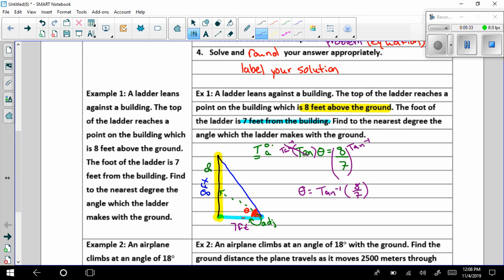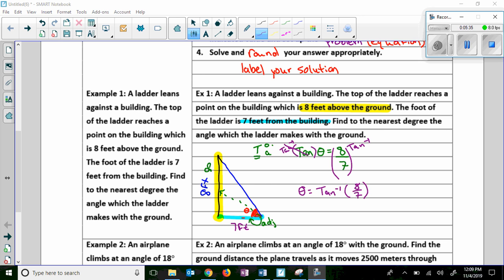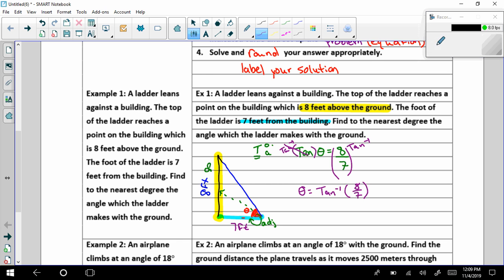Let me type that in our calculator. So I'm getting 48.8. To the nearest degree, I'd round that up to about 49 degrees.